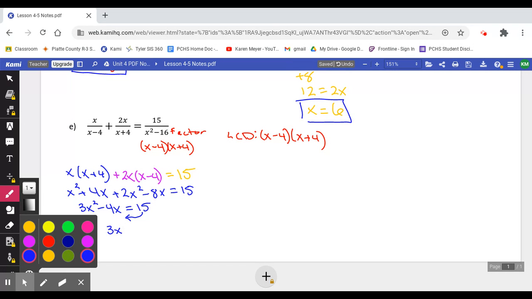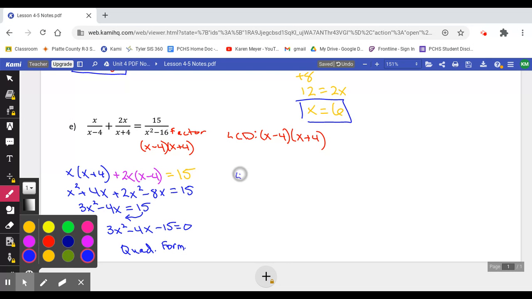So move the 15 over. So 3x squared minus 4x minus 15 equals 0. Now here you can factor or do the quadratic formula. This one you would have to do the longer way of factoring because it has a number besides 1 in front of x squared. So for me, I'm just going to go ahead and say, well, if I can't do fast factoring, I'm going to do the quadratic formula.